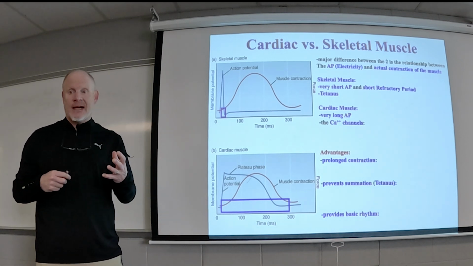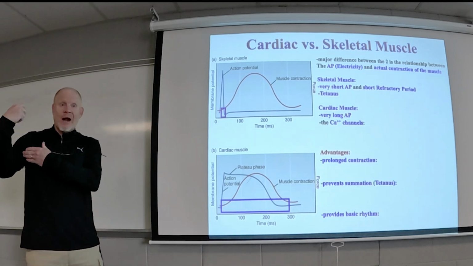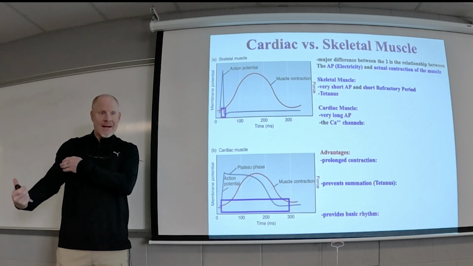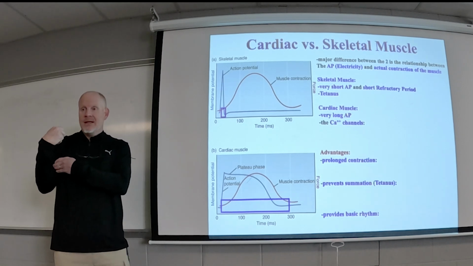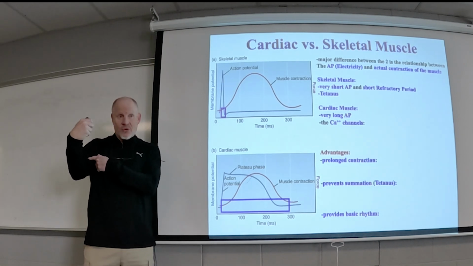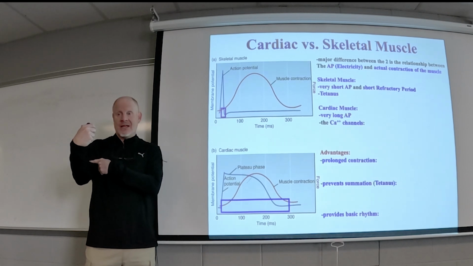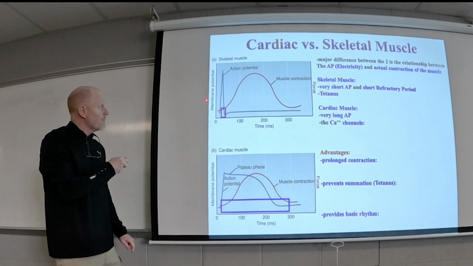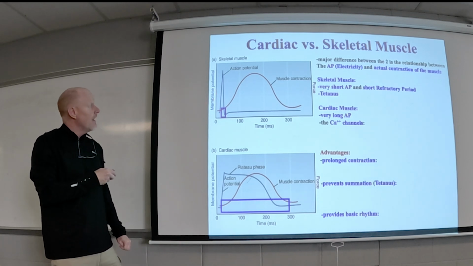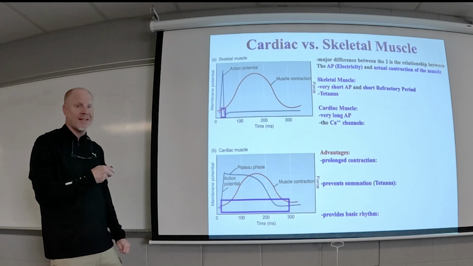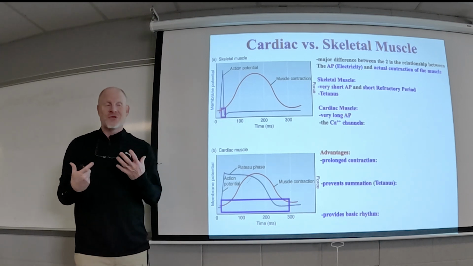It's a couple of milliseconds. For contraction to happen, when you move your biceps, you're hitting that muscle about 80 or 90 times a second with action potentials. That's because the action potential is so fast that if you just use one, the muscle doesn't even contract until after the action potential is over with.